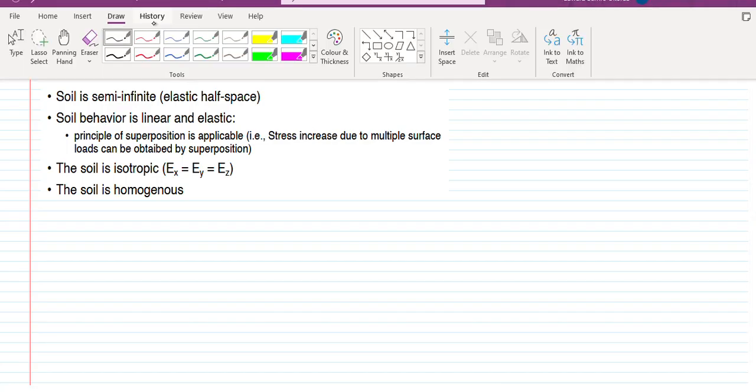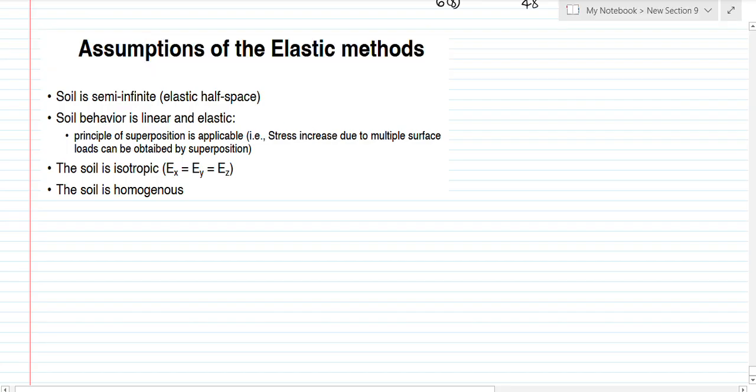But before we apply the elastic method, that is the Boussinesq and Westergaard equation, we have to take some parameters. So the first parameter is that the soil to which we are going to apply this method is semi-infinite. Semi-infinite means that when you are moving upwards from the ground to the surface of the soil, it ends.